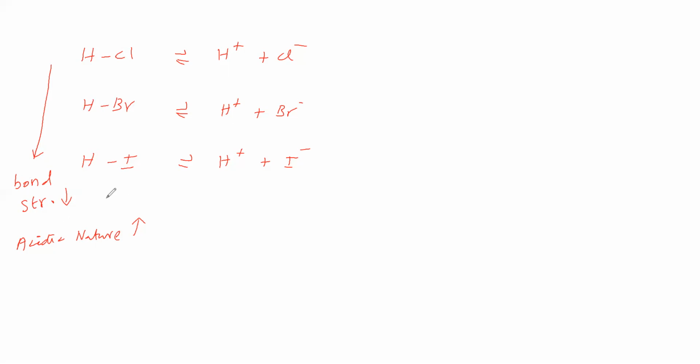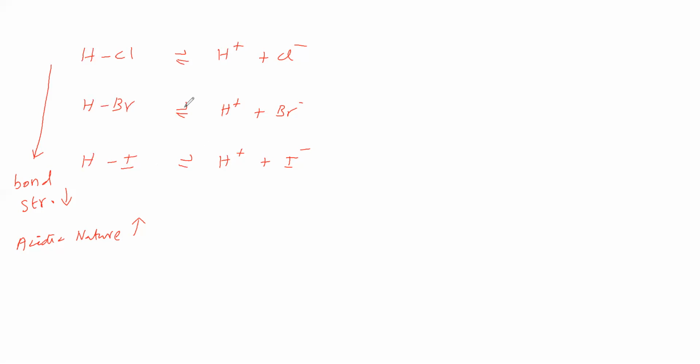So down the group bond strength is decreasing, therefore extent of dissociation rises, therefore acidic nature rises. That means HI dissociates to more extent when compared to HBr, and HBr dissociates to more extent when compared to HCl. Therefore, here the concentration of H plus is more when compared to this.